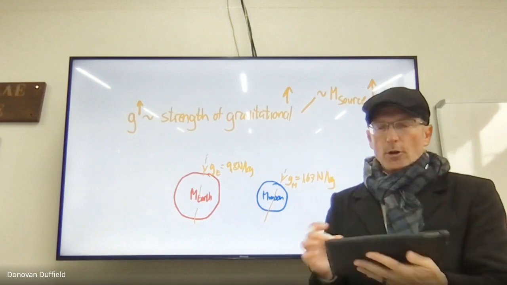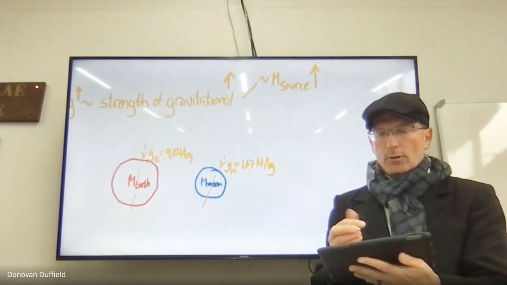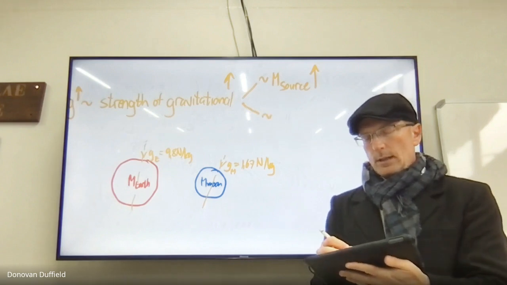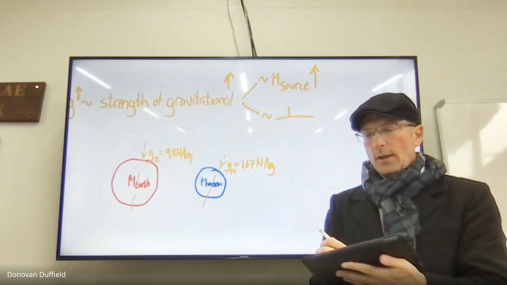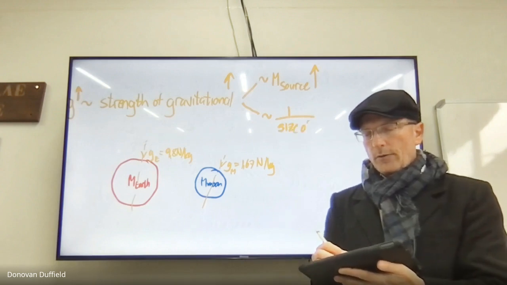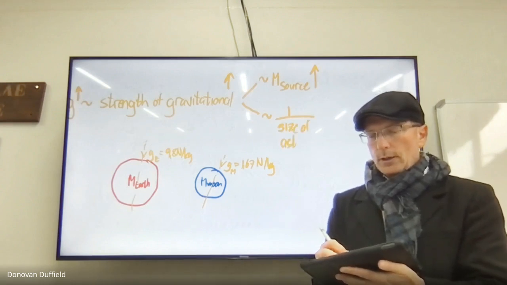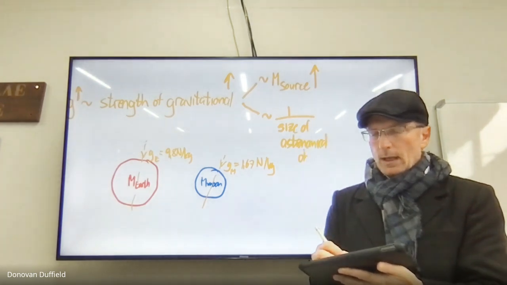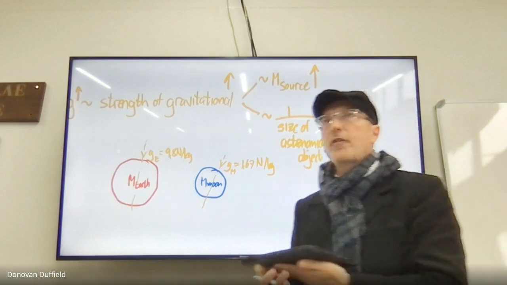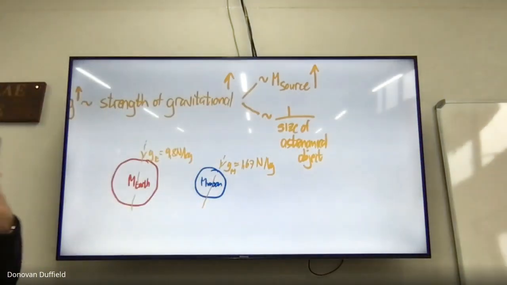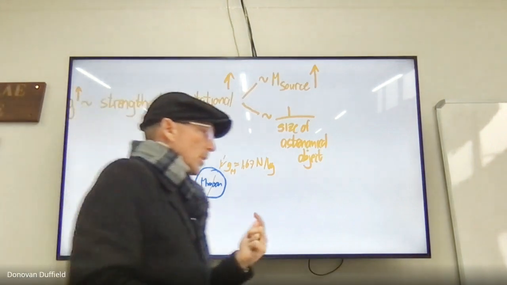There is an inverse dependency on the size of the astronomical object. The smaller the physical dimension of the astronomical object, the bigger the gravitational force is going to be.